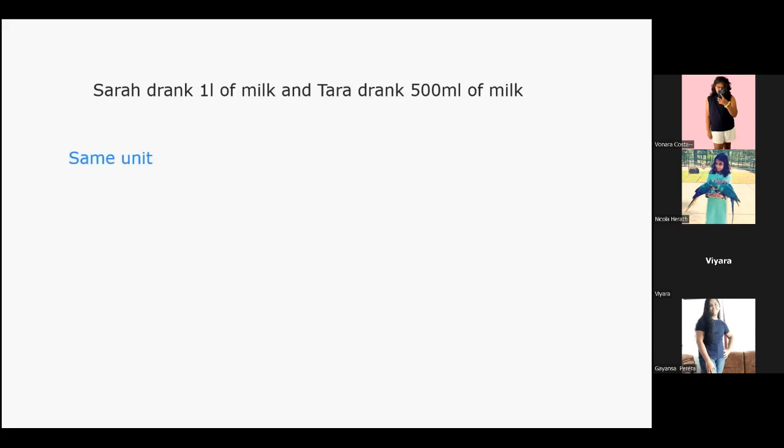So if we say Sarah to Tara, then Sarah drank 1 liter and Tara drank 500 milliliters. So now here, when converting, yes, Viara said we have to convert liters into milliliters. We have to choose the smallest unit. Then we are going to convert the bigger unit into that smaller unit.